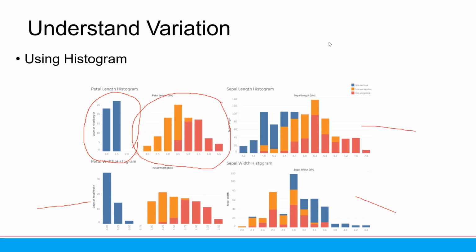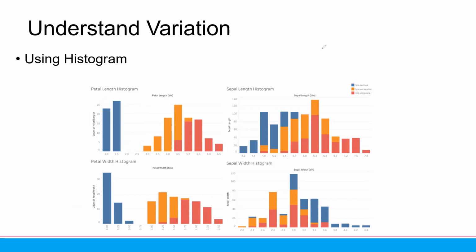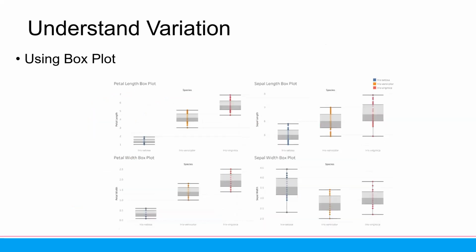With that variation, of course, it is obvious now, but some data might not be obvious like this one, so you need to do more. For example, I want to know based on the box plot. Today we are going to learn about the box plot too.